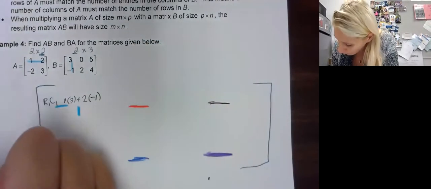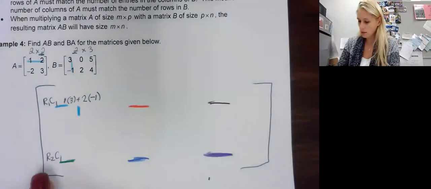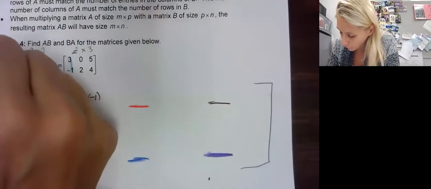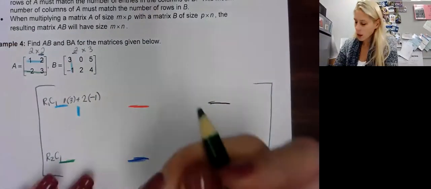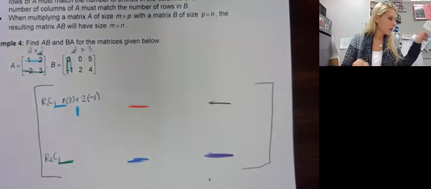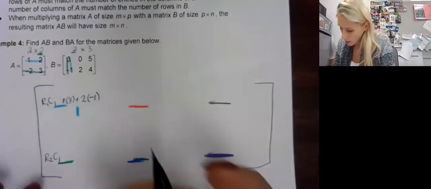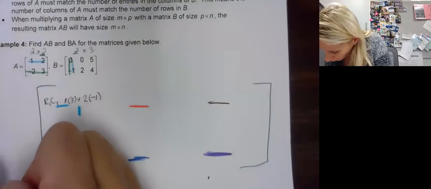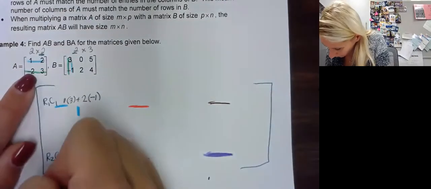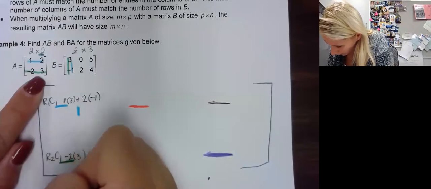This one, I'll do the green one down here. This is row 2, column 1. Row 2, column 1. Which means I'm going to take row 2 of the first one, column 1 of the second. Now, if I could find a pencil that actually works well, I can write this out. So, -2 times 3 plus 3.